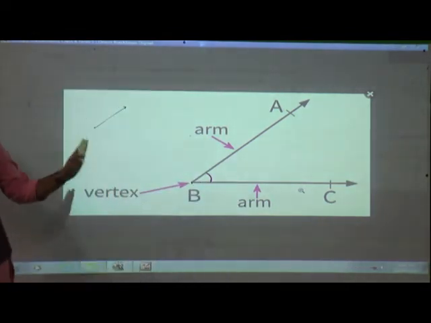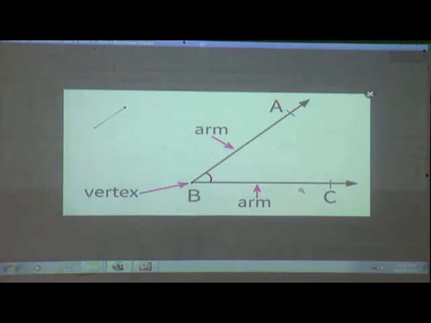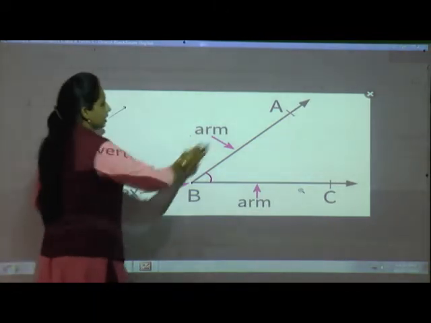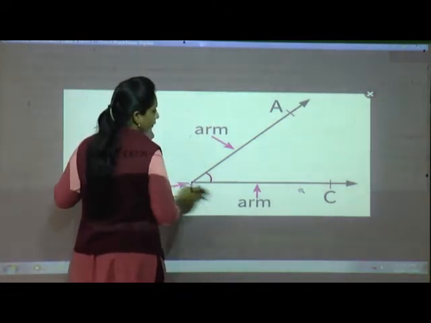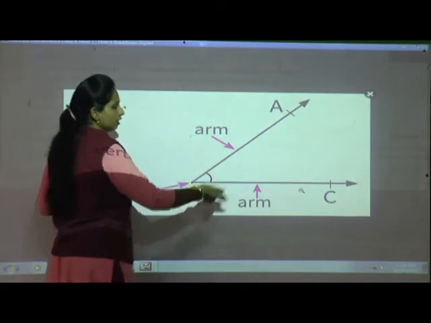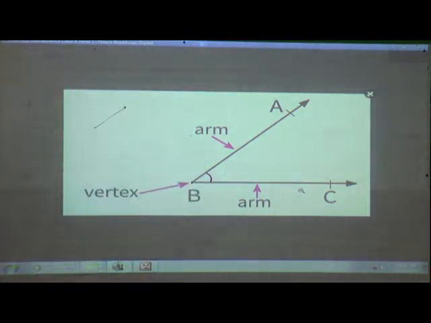We do have hands, so angles have their arms. Ray BA and ray BC are the arms of the angle. See, BA and BC, they both are arms of this angle.